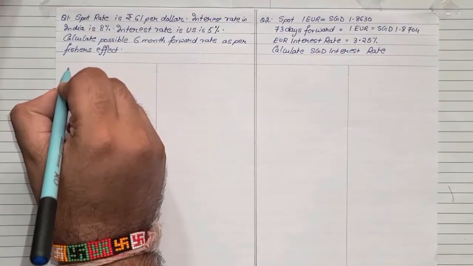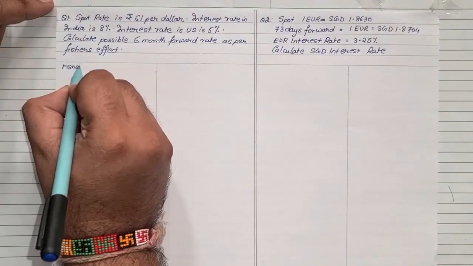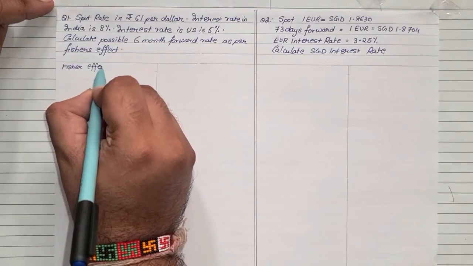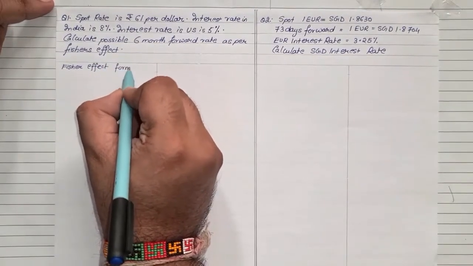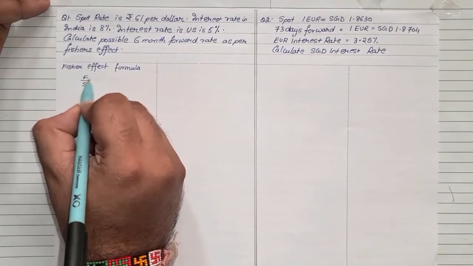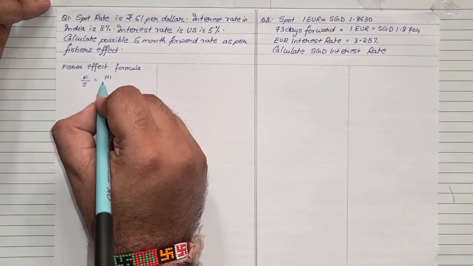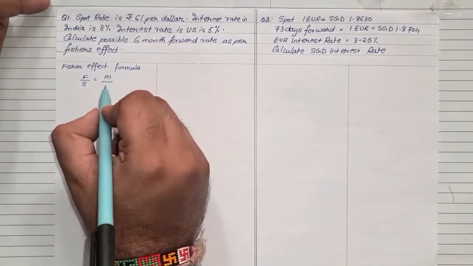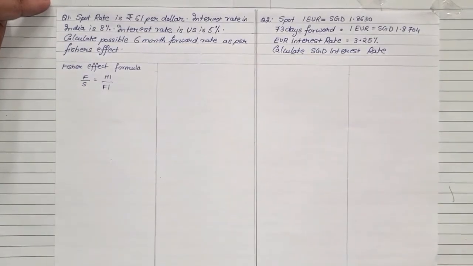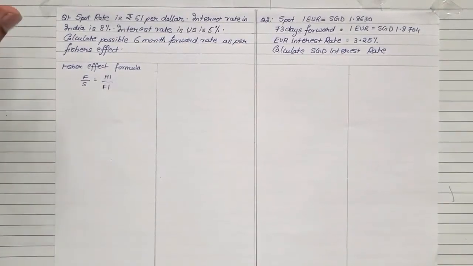The very first thing we should remember is to note down the formula. The Fisher effect formula is forward rate upon spot rate equals HI upon FI, that is the home currency interest component and the foreign currency interest component.